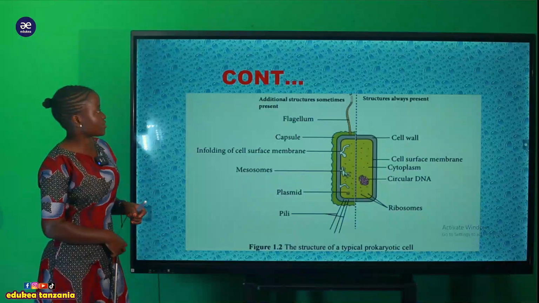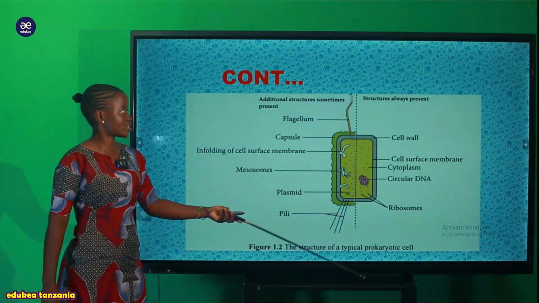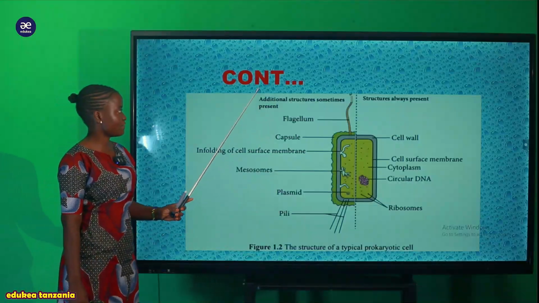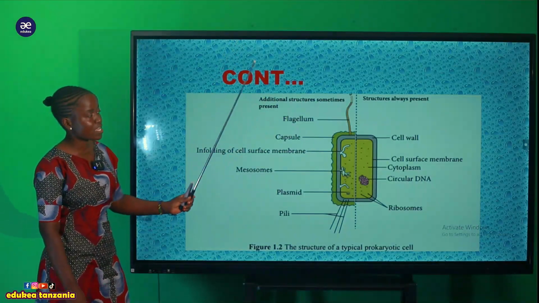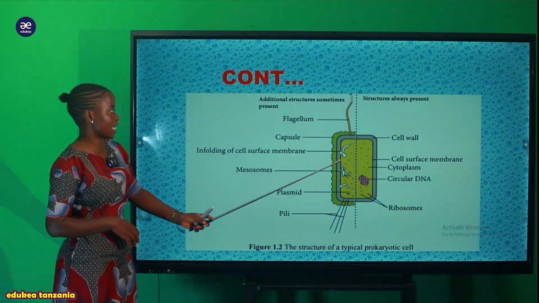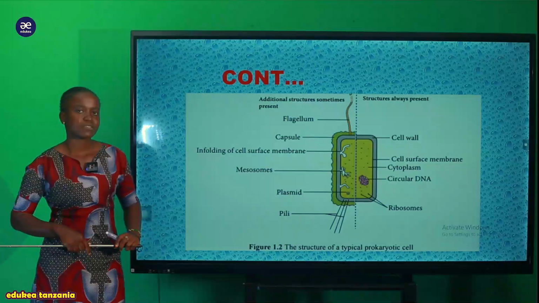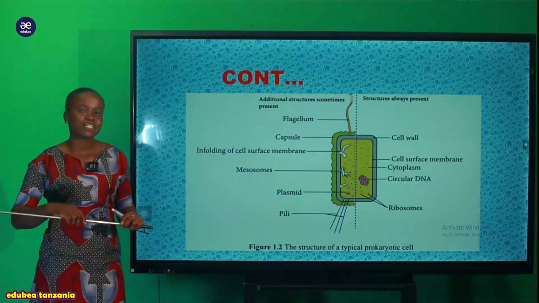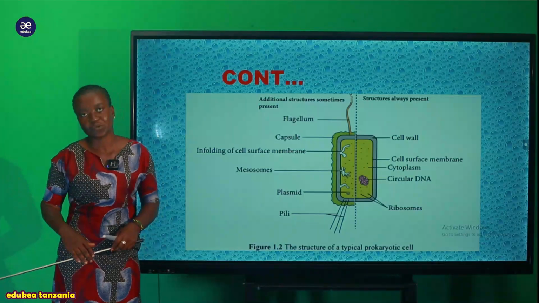So now, as you can see in our structure, we have structures always present, but also additional structures sometimes present, sometimes inaweza zikawa hazipo. So now we have this one that is called the cell wall. The function of the cell wall is just to protect this organism from a vulnerable environment.